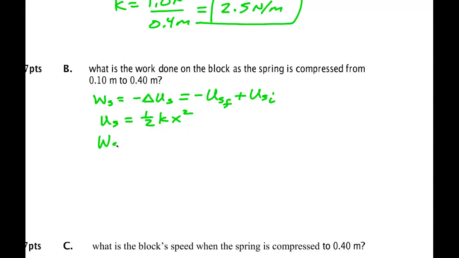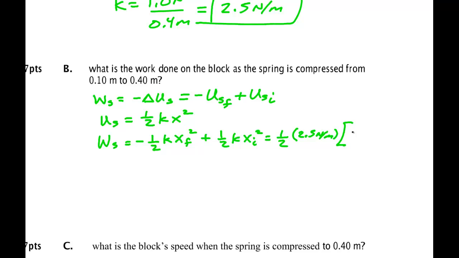So the work of the spring is minus 1/2 times k times x final squared plus 1/2 k x initial squared. We can factor the 1/2 and the k, 2.5 newtons per meter, out front.